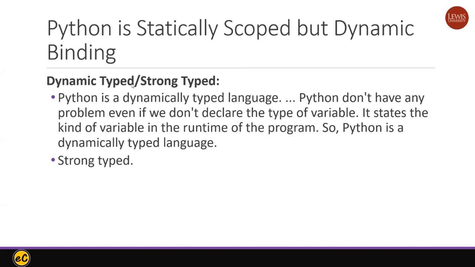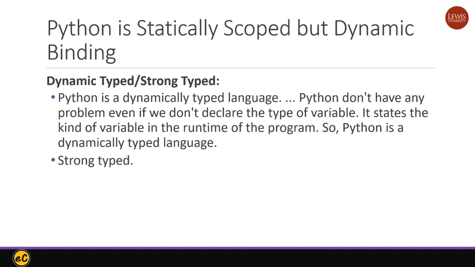Python is a dynamically typed language. Python does not have any problem even if we do not declare the type of a variable. The variable type keeps changing, and the variable location keeps changing. That's dynamic binding, dynamic typing.